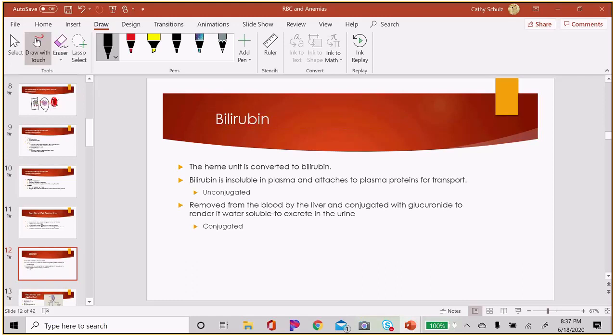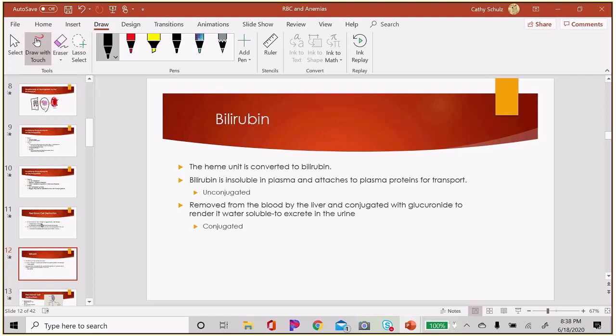So we can get bilirubin out of our body by changing it as it moves through the liver; it can be changed for transport and to be removed in the urine. So bilirubin is insoluble in plasma and attaches to proteins for transport. When it isn't ready for excretion, it is considered unconjugated and is traveling through the bloodstream.